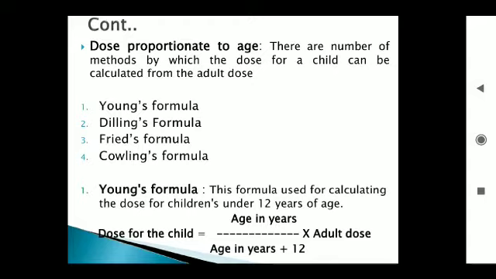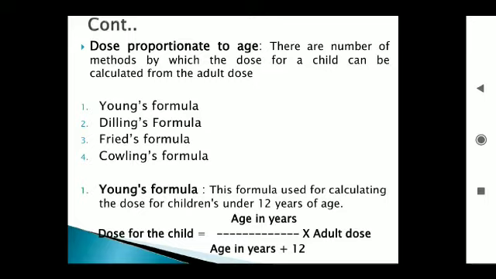Calculation of doses proportional to the age. There are a number of formulas that can be used to calculate the doses of children based upon the age, and also using the average adult dose.